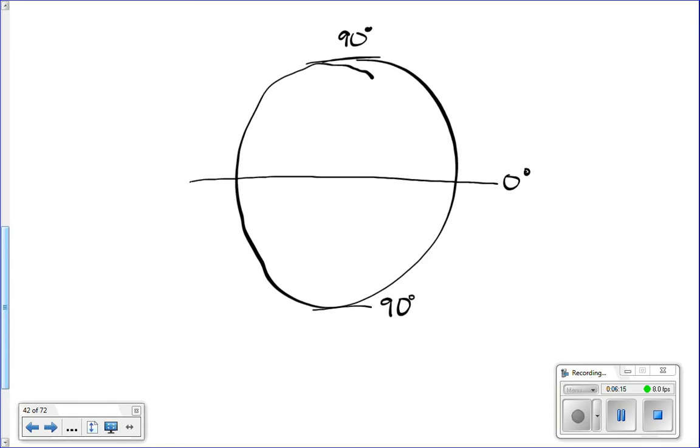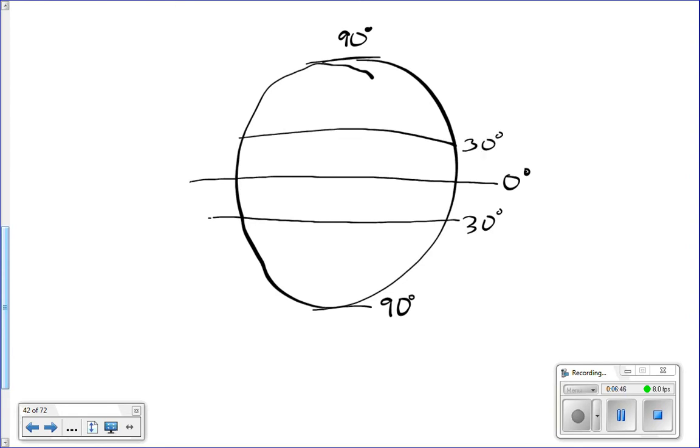Every line of latitude in between, going south, is going to be 1 degree south, 2 degrees south, 3 degrees south, and so on, all the way down to 90. And then you've got 1 through 90 degrees north. Okay? So a couple of lines of latitude that you need to be familiar with are 30 degrees south, and 30 degrees north.